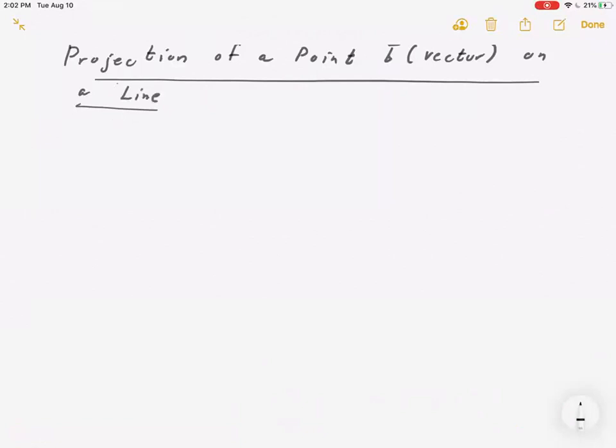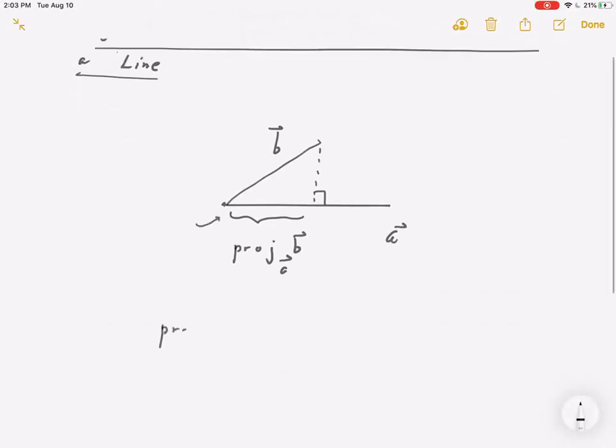Okay, so remember what this problem entailed. Here's a vector. Another vector. So this vector is A, this vector is B. And the question is, if you drop a perpendicular line down to the vector A, you can create this vector, which we call the projection of B onto A. Now you can certainly take a ruler and measure this, but we want to do this analytically.